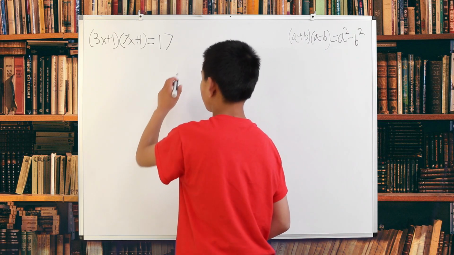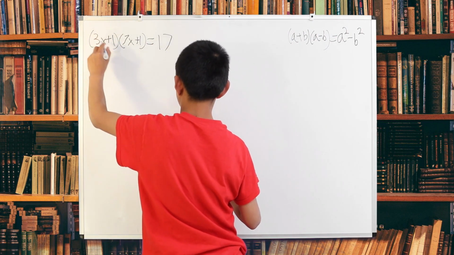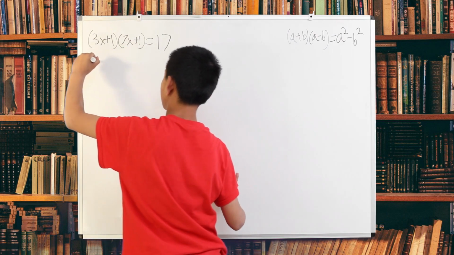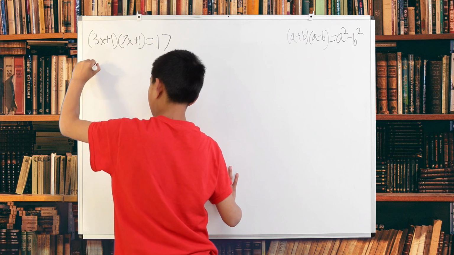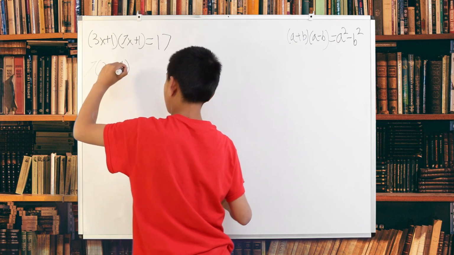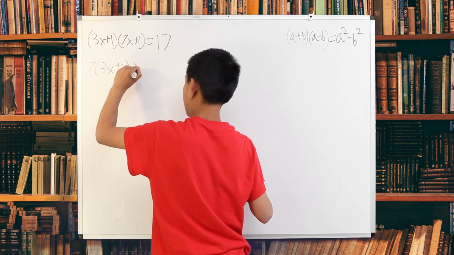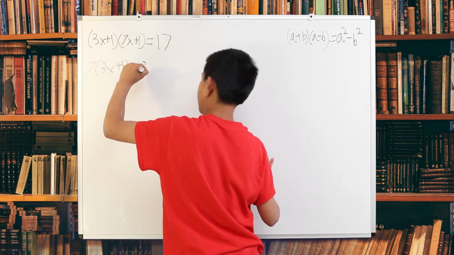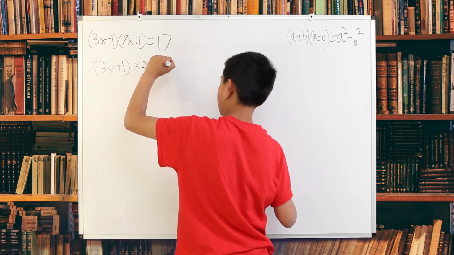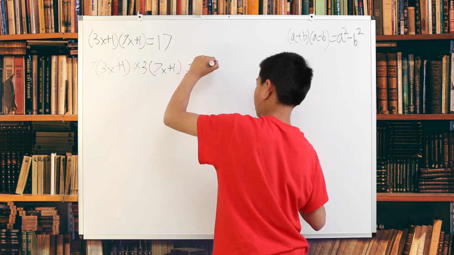So we can multiply it by 21 on both sides, and then multiply it by 7 here, so it's 21, and then 3 here, so it's 21 again, like so. 7 times (3x + 1), times, you know what, I'll just times 3 times (7x + 1) is equal to 17 times 21.